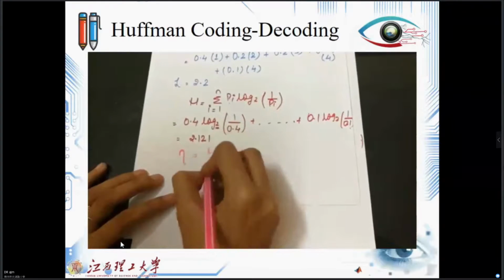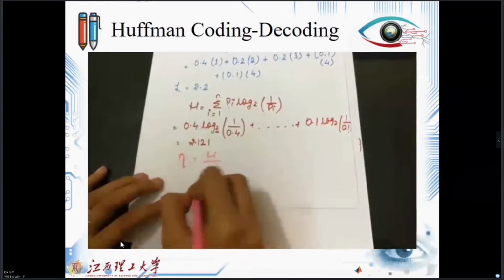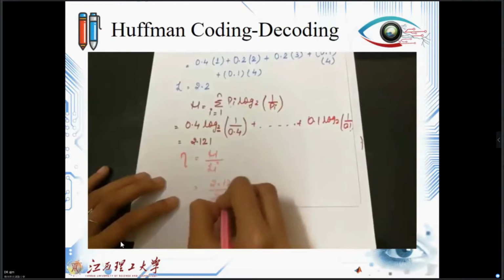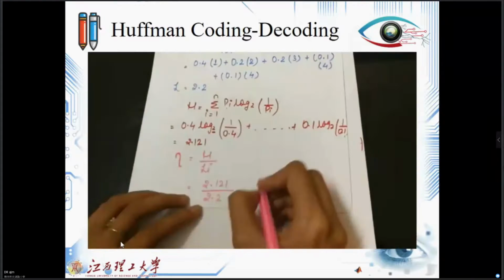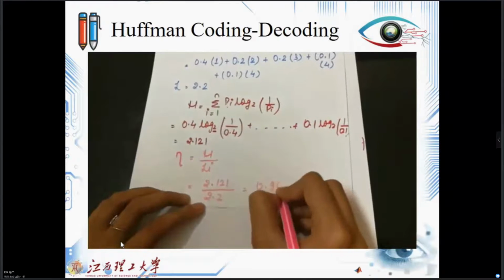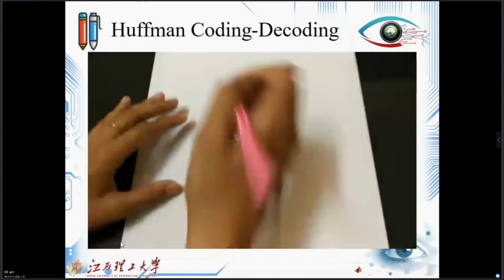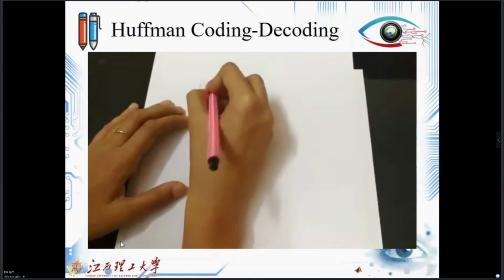If you divide entropy by the length, it comes out. You will see that the calculation becomes 0.96. Next step is redundancy.